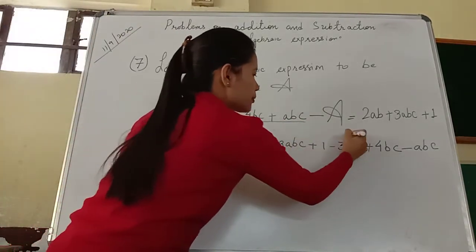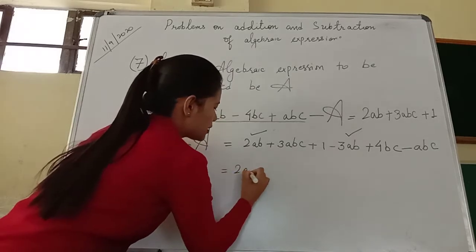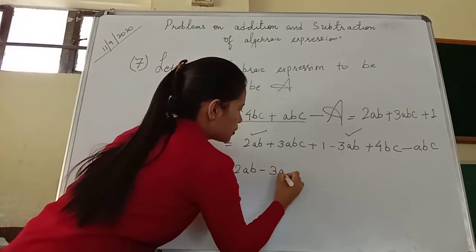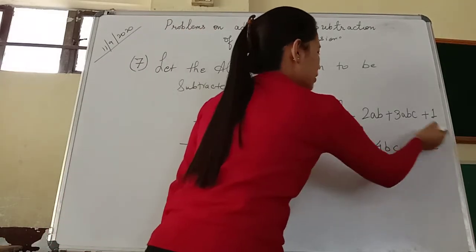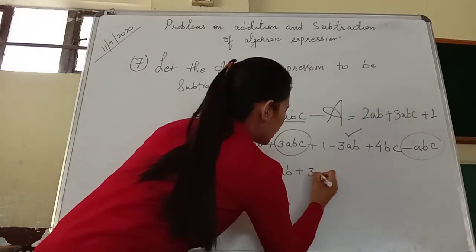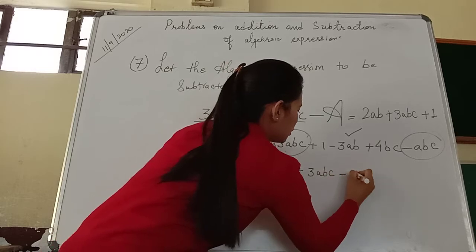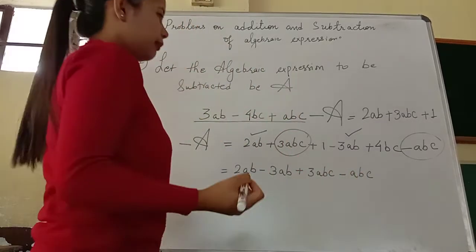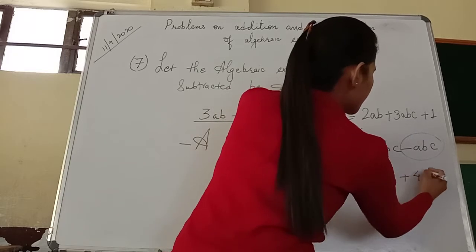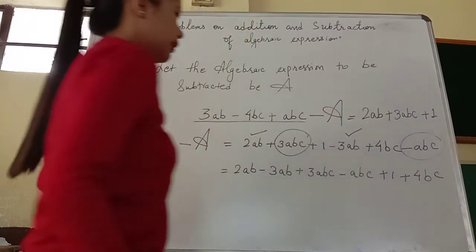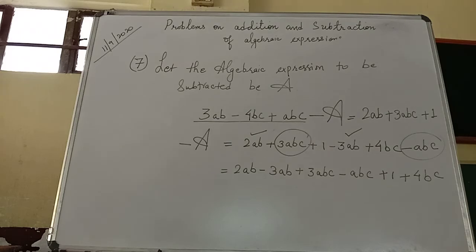So we write 2AB minus 3AB together. This and this are like terms. So we write these 2 together. And this 1 remains as it is. And 4BC remains as it is. Okay. Now let us solve. Then we get the answer.